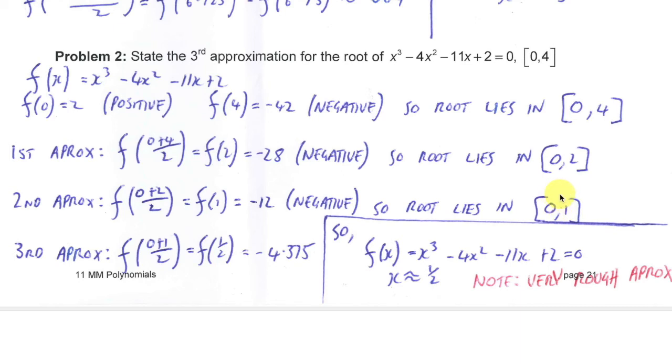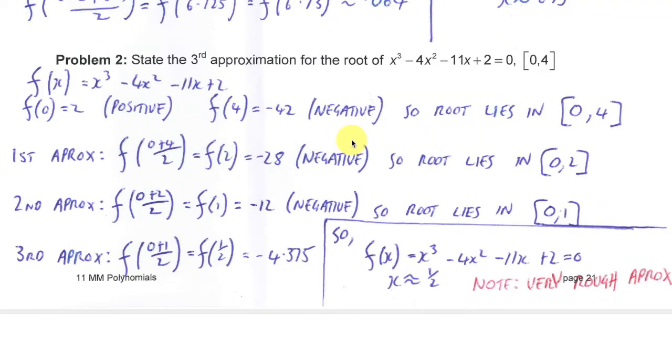Now, if I evaluate what halfway is, so f of a half, I produce a negative. So I know it's going to be between 0 and a half if I keep on going further. But to answer this question, what is the third approximation? It's a half. So let's now take a look at how we generate this with the CAS.